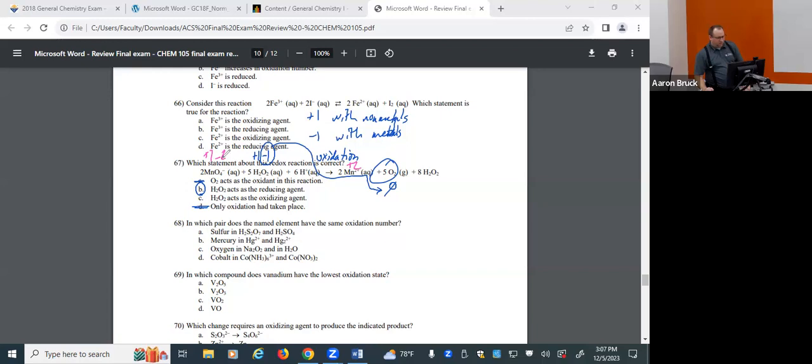And you've got a negative 2 on the oxygen here, that is either going to 0 or negative 1, depending upon what product it's going to. At any rate, we can see that the manganese is going from a high oxidation state to a lower one. So its oxidation number is getting smaller, more negative, which means it's being reduced. So permanganate is the oxidizing agent here.